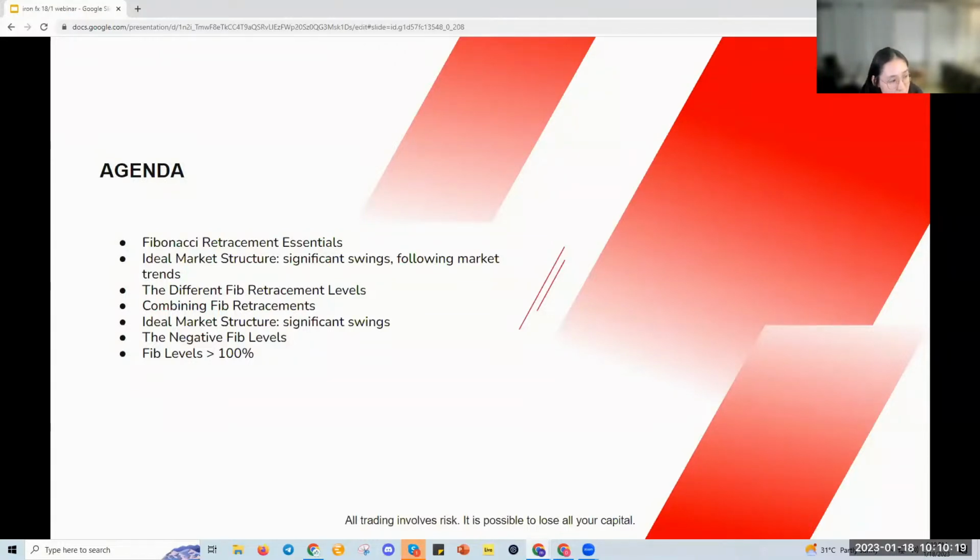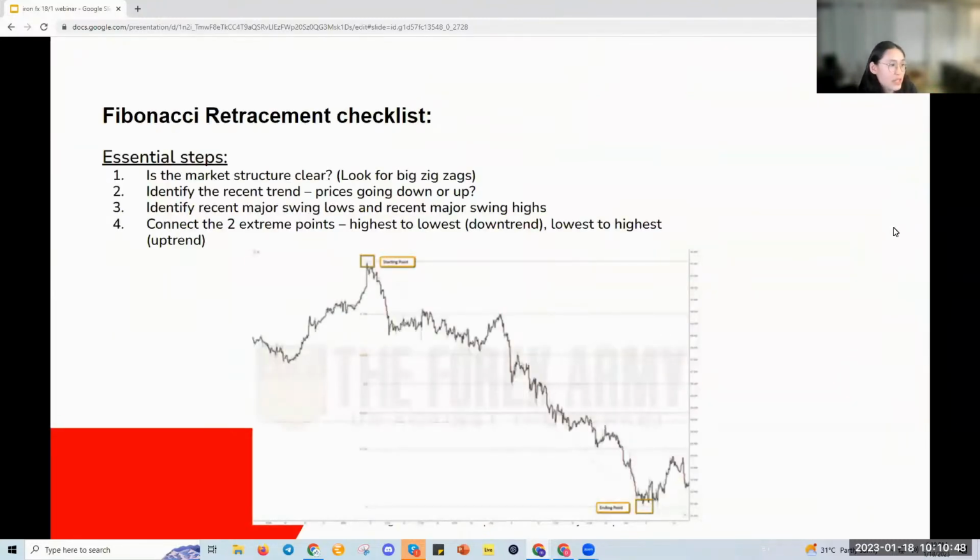So after that, we'll be going through how to combine the Fibonacci retracement levels so that you can increase your chances of a profitable trade. And then we will introduce something called the Fibonacci confluence area as well. And then, this is a typo. After that, we'll be going more in depth, talking about the negative Fibonacci levels as well as the levels more than 100%. Okay, so let's begin.